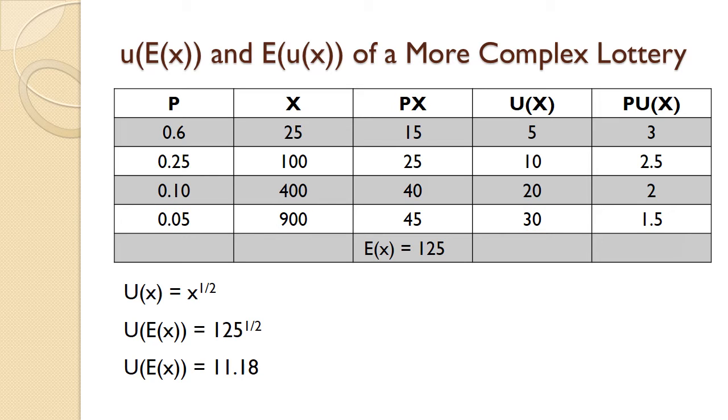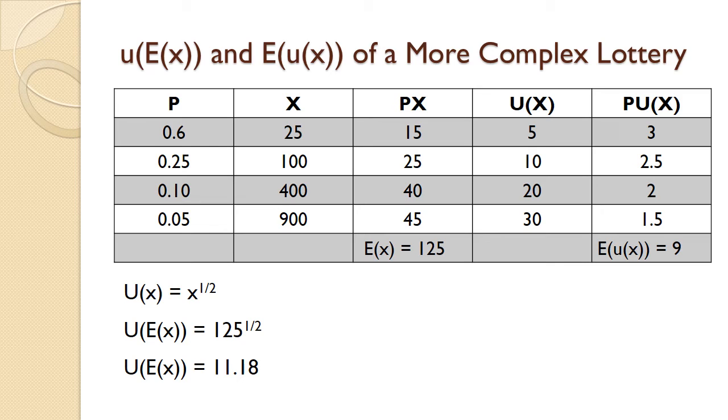And now we're simply going to sum up all of those products in the far right-hand column, and that is going to give us the expected utility. If we add those values together, we can see the expected utility is equal to 9.